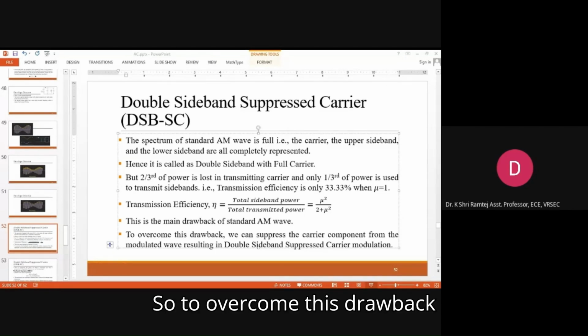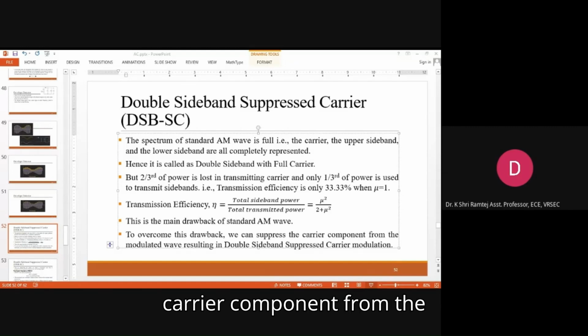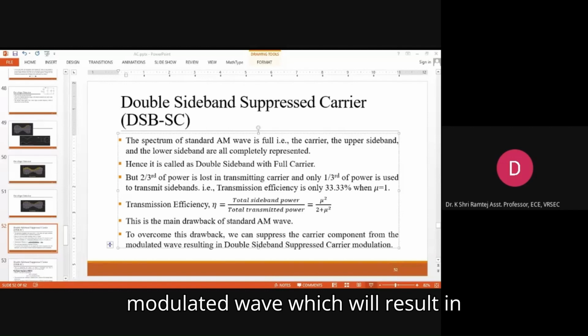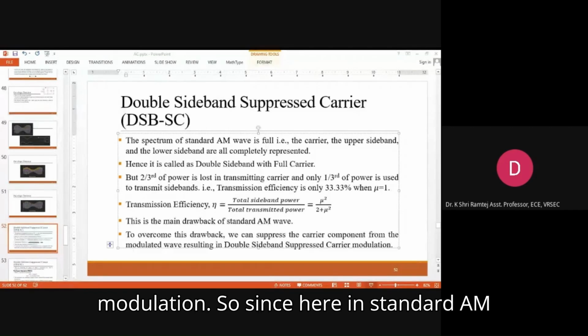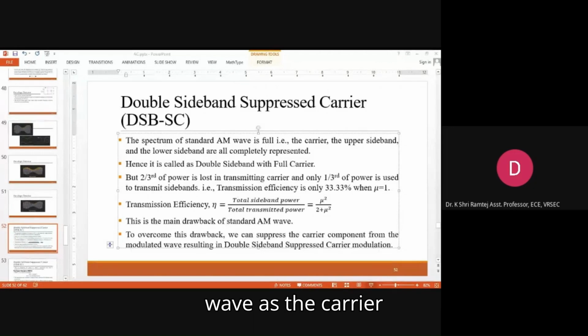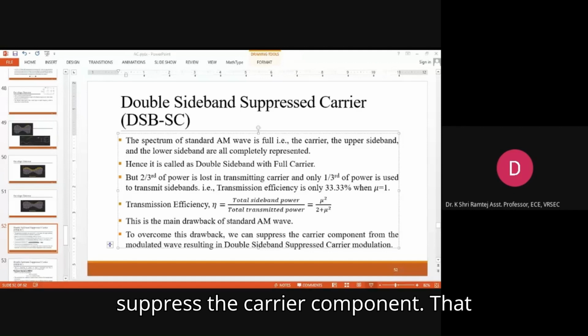To overcome this drawback, we can suppress the carrier component from the modulated wave, which will result in double sideband suppressed carrier modulation. Since in standard AM wave the carrier is occupying more power, we can suppress the carrier component.